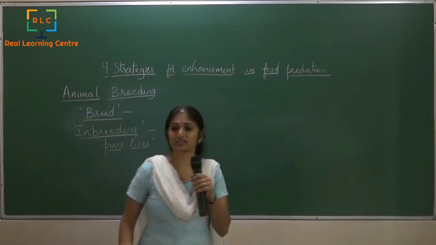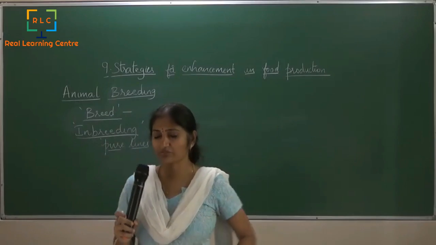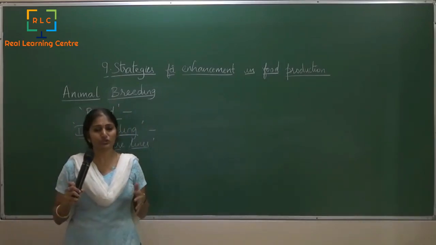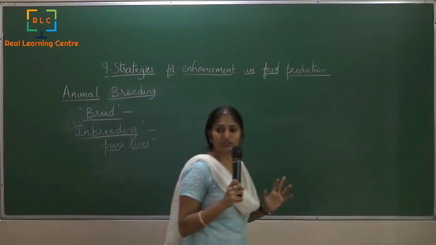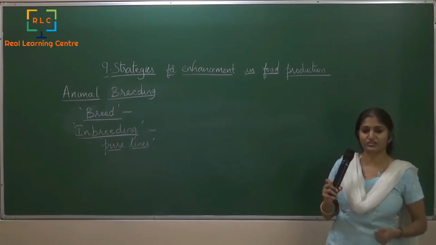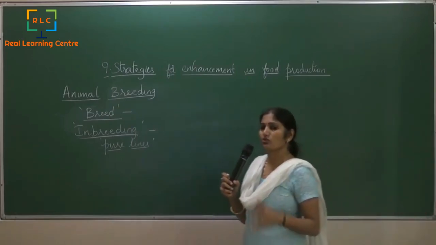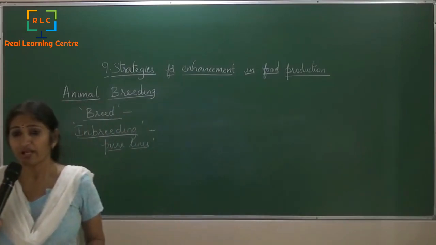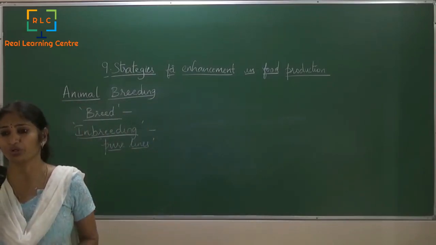Now what exactly are these pure lines? Pure lines are basically those progeny which do not have many different alleles at all in the first place. That homozygosity which we were discussing. So all of them are homozygous for a particular trait, and this is something which is very, very important.